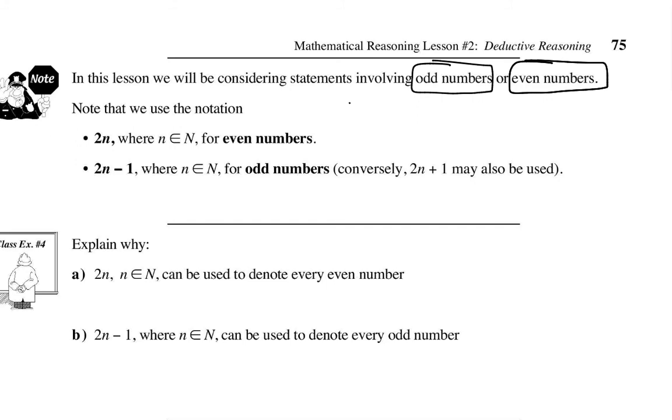How can you guarantee that your number will be even or odd in general? 2n, where n is an element of the natural numbers.